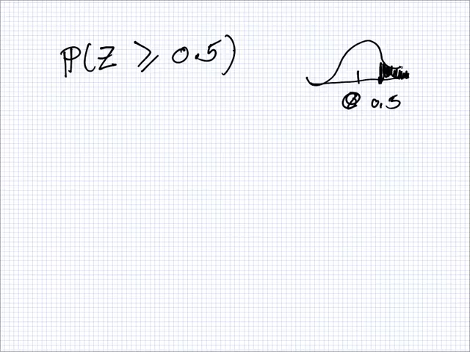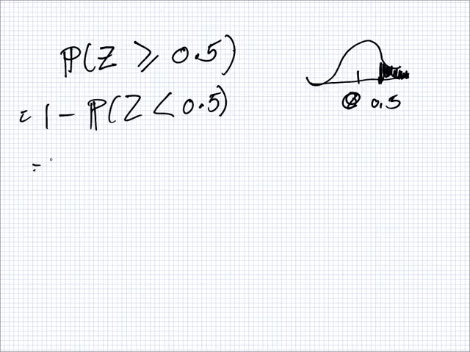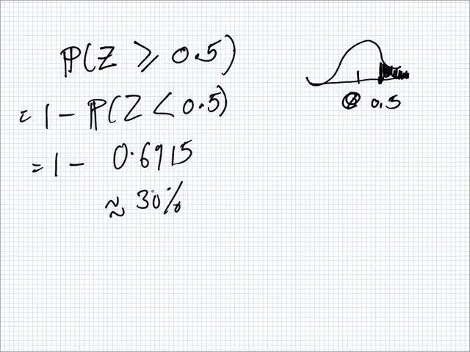Because this is equal to 1 minus the probability that Z is smaller than 0.5, which is 1 minus 0.6915, isn't it? So there's about 30%.